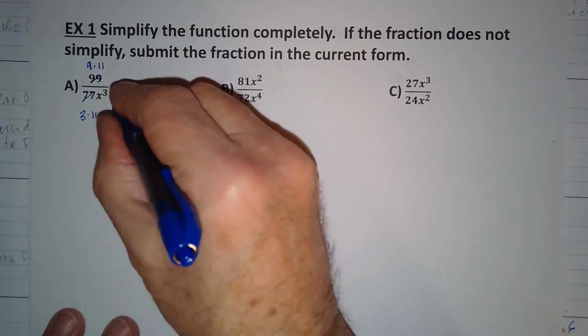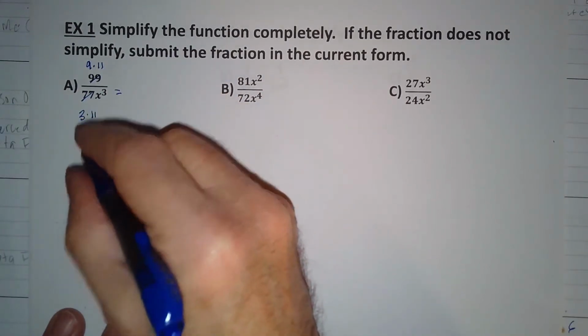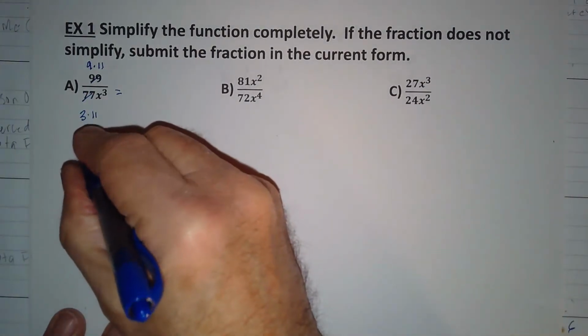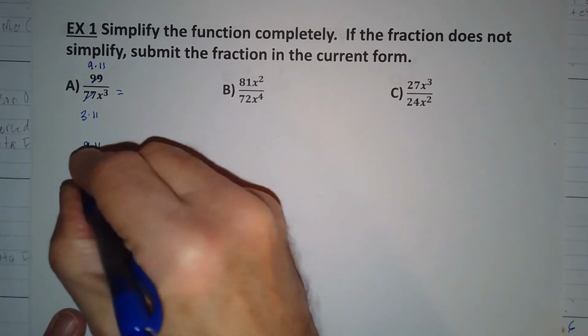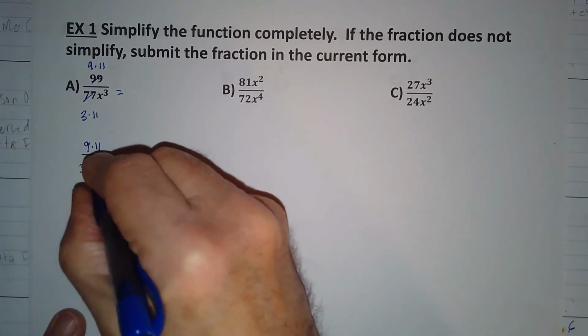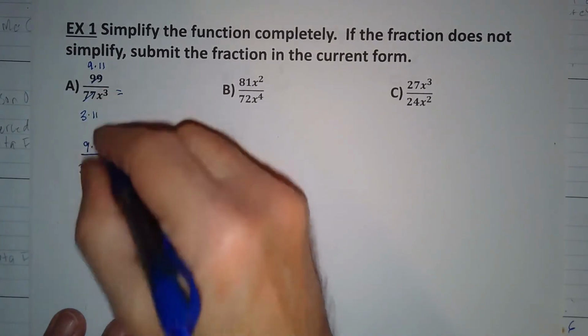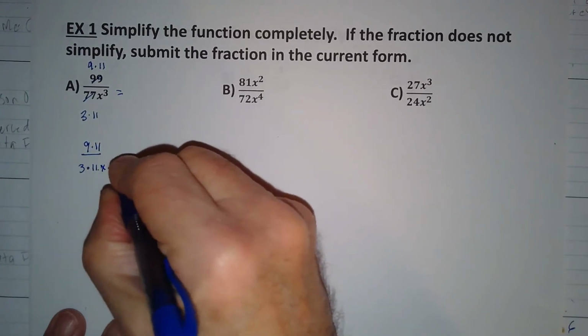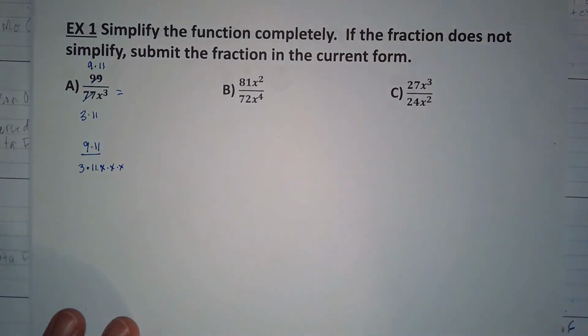So let's quickly rewrite this as 9 times 11 divided by 3 times 11. And then the x cubed is really x times x times x, right? Now let's find common factors.